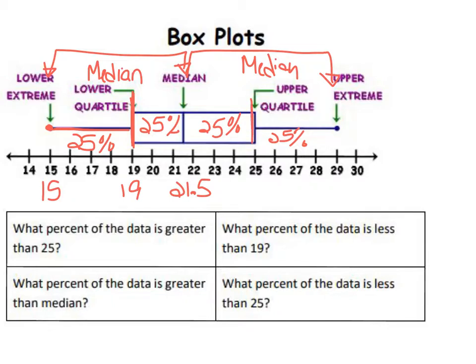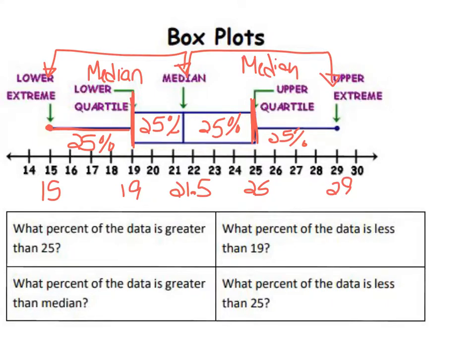So the upper quartile is the median of the upper part of the data. Now, we don't have to actually find those things. We just need to know how to read them. So the upper quartile would be 25, and your upper extreme would be 29.